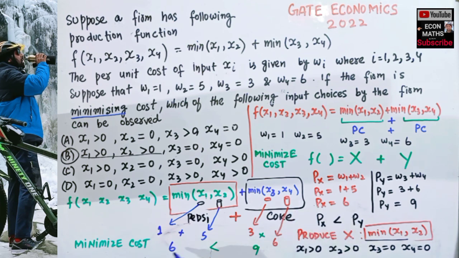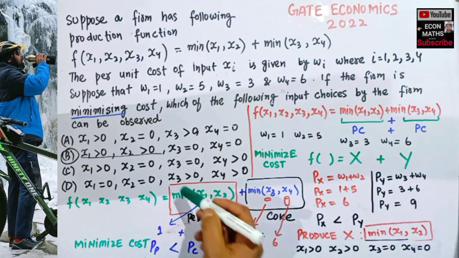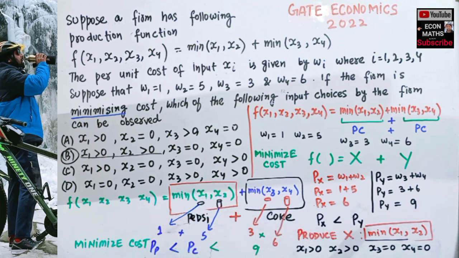So the price of producing Pepsi is less than the price of producing Coke. Obviously the firm will choose to produce only Pepsi bottles, and this simply means we will produce a positive quantity of x1, positive quantity of x2, zero quantity of x3, and zero quantity of x4. I hope I was able to explain. Thank you.